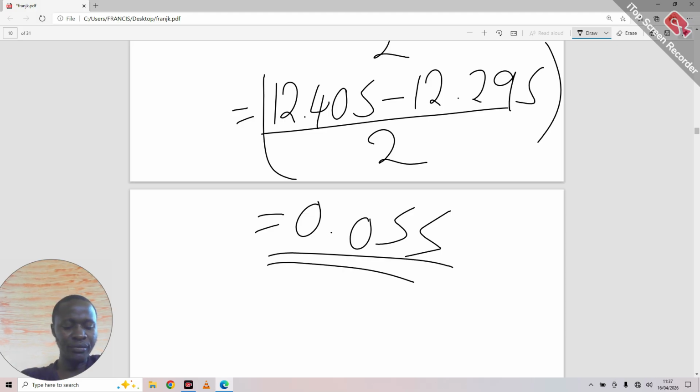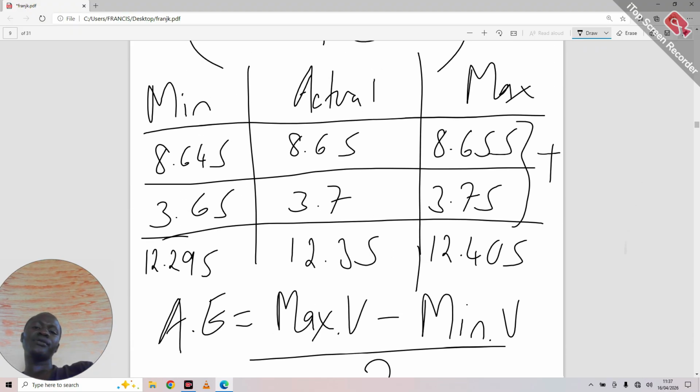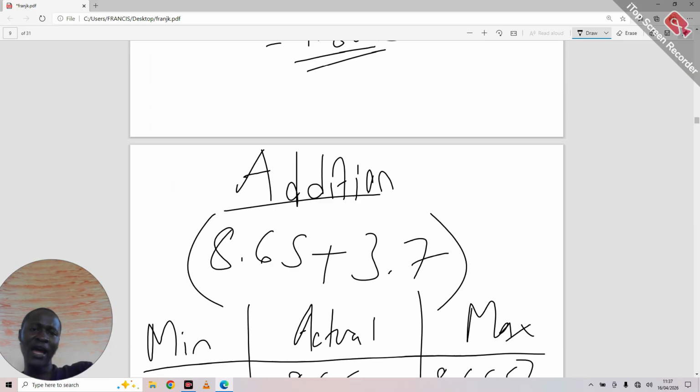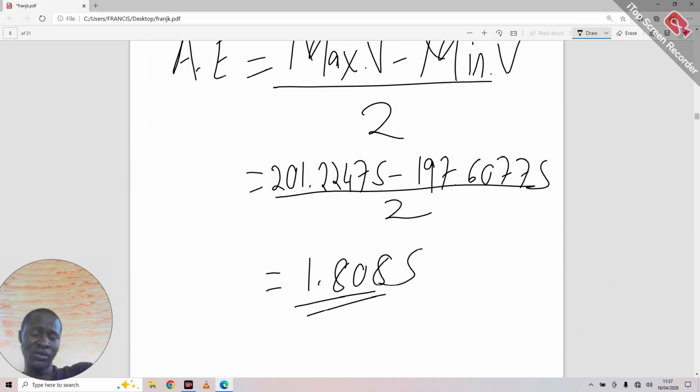Now, the same procedure for both addition and multiplication is not the same procedure we will apply when calculating the absolute error in division and subtraction. I hope you will do more examples under addition and multiplication.